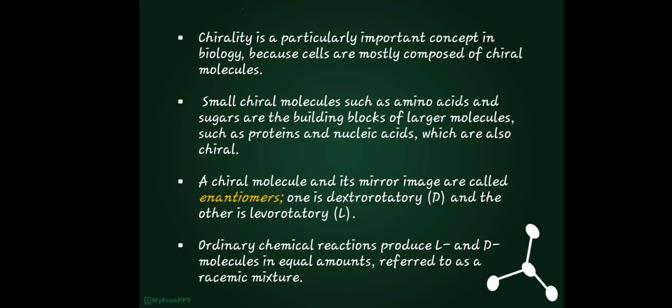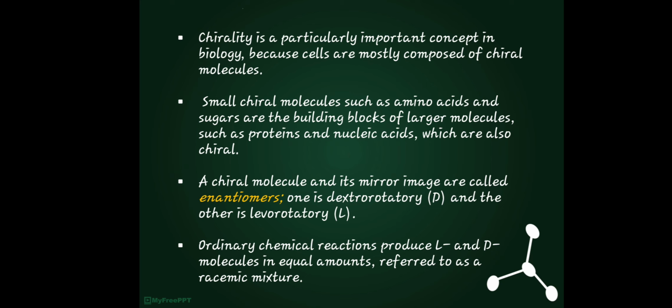Another statement: small chiral molecules such as amino acids and sugars are the building blocks of larger molecules such as proteins and nucleic acids, which are also chiral. That's what I explained earlier, that chirality is very important because cells are mostly composed of chiral molecules. And what are those chiral molecules?